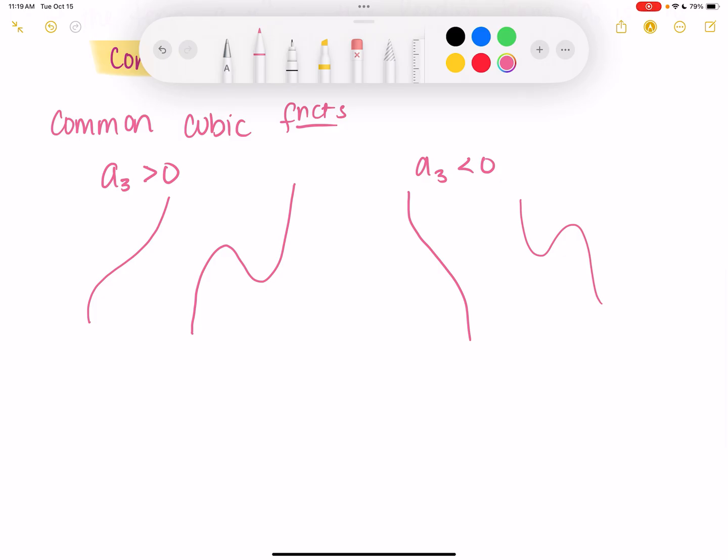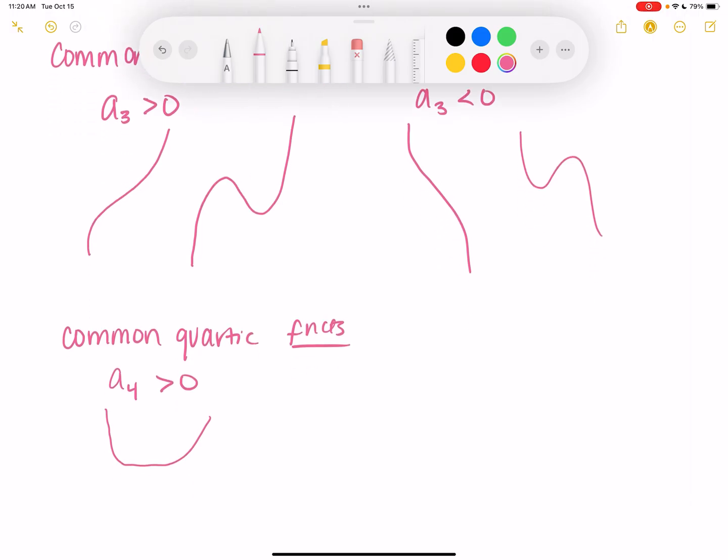The other big one for this section is quartic functions, so common quartic functions. If a sub 4 is greater than 0, it'll almost look kind of flat on the bottom. If you zoomed in more, you would probably see a slight dip.